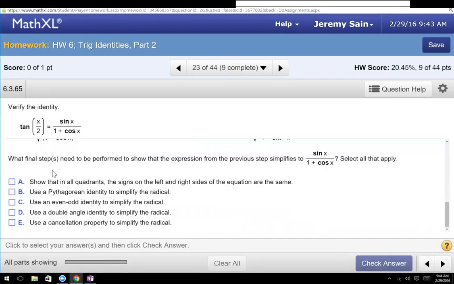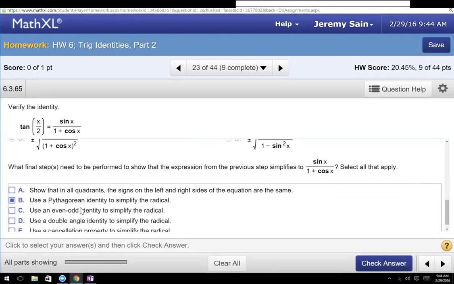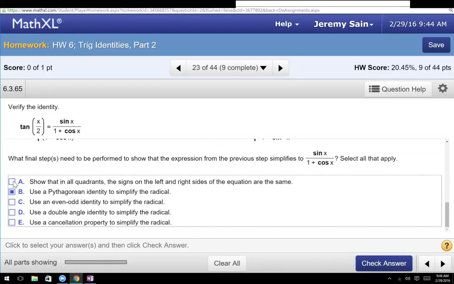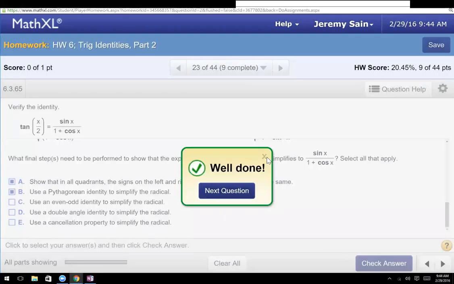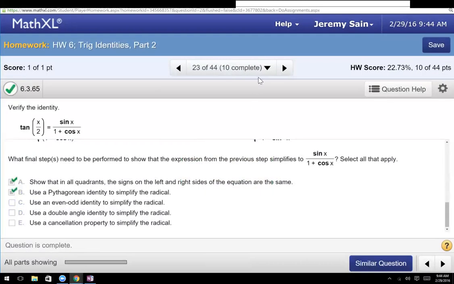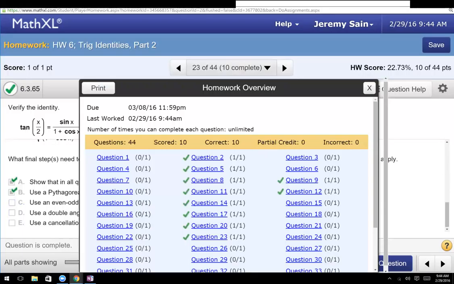Then use the Pythagorean identity to simplify the radical. And then the last thing you have to show is that the signs all work. It's kind of a pain, but it's not too bad.